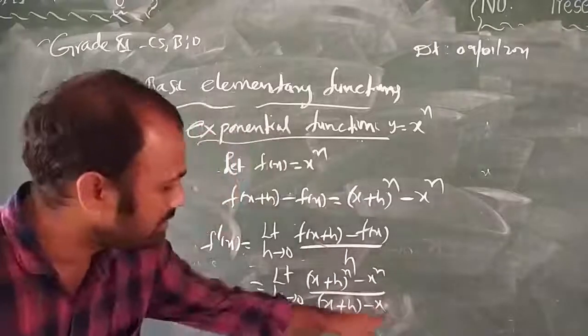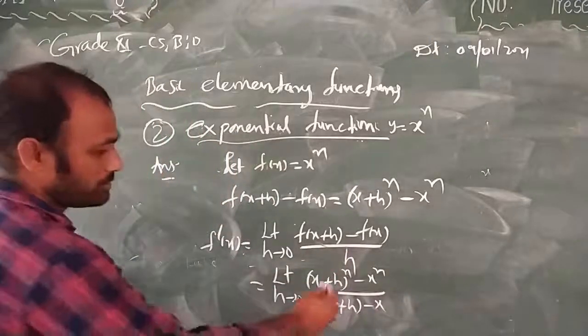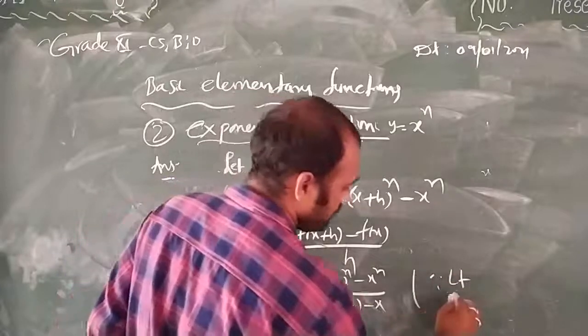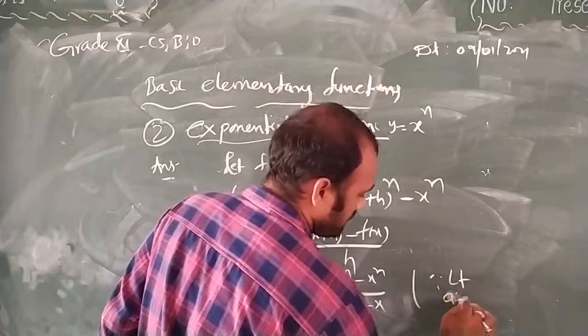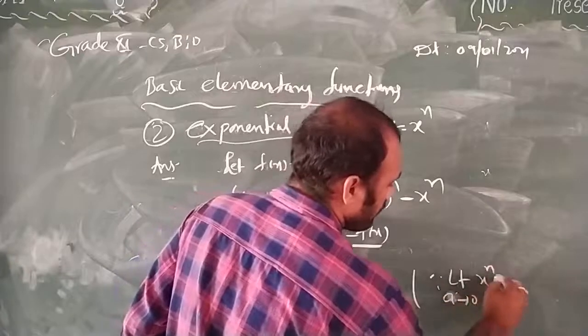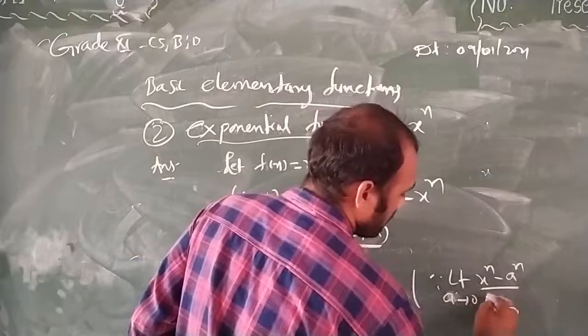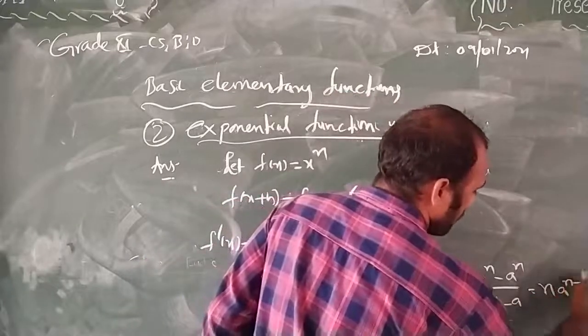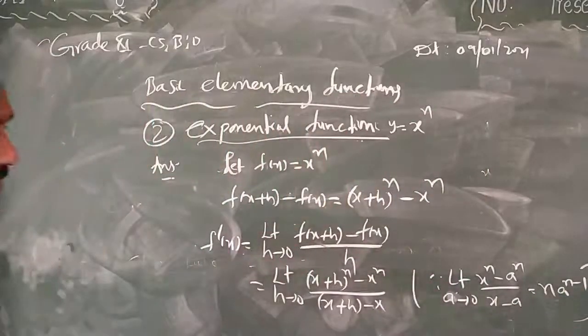If I cancel this again I will get this one. So this is in the format of the limit x tends to a of x to the power of n minus a to the power of n by x minus a, which can be written as n into a to the power of n minus 1.